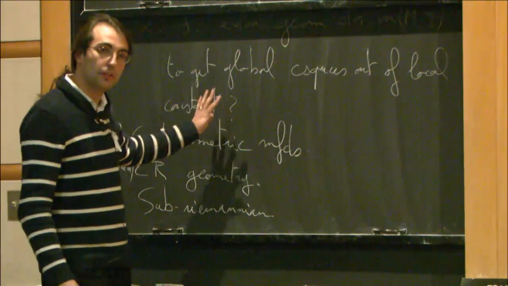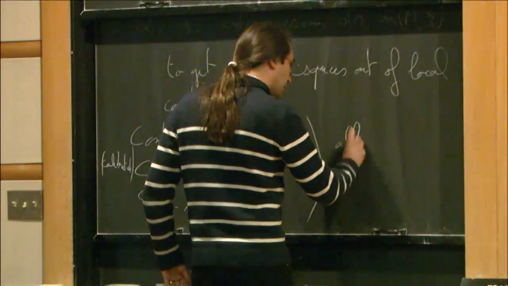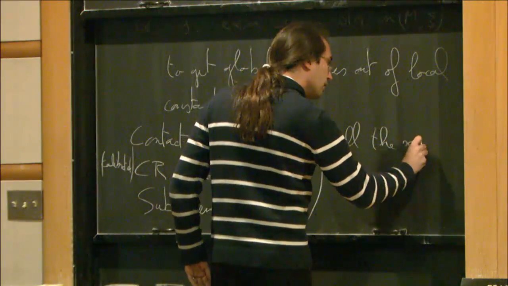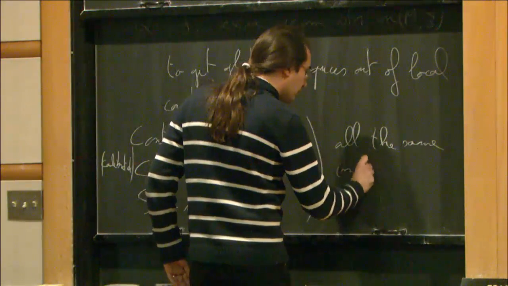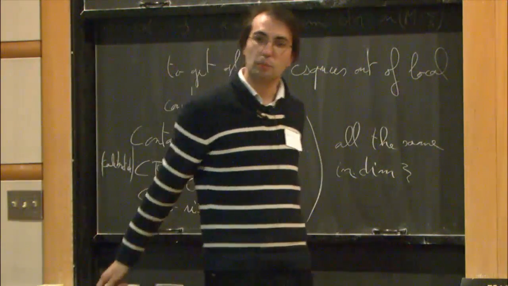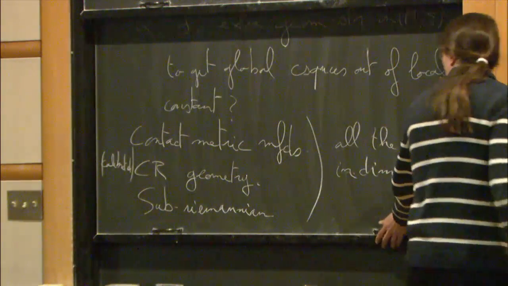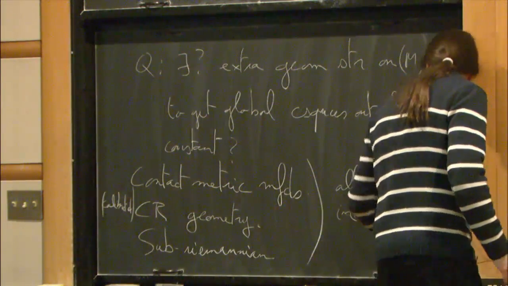And in dimension 3, these are all the same. This is an accident of low dimension. There are not enough dimensions for those fields to separate. But since I'm sticking to dimension 3, they are all the same.